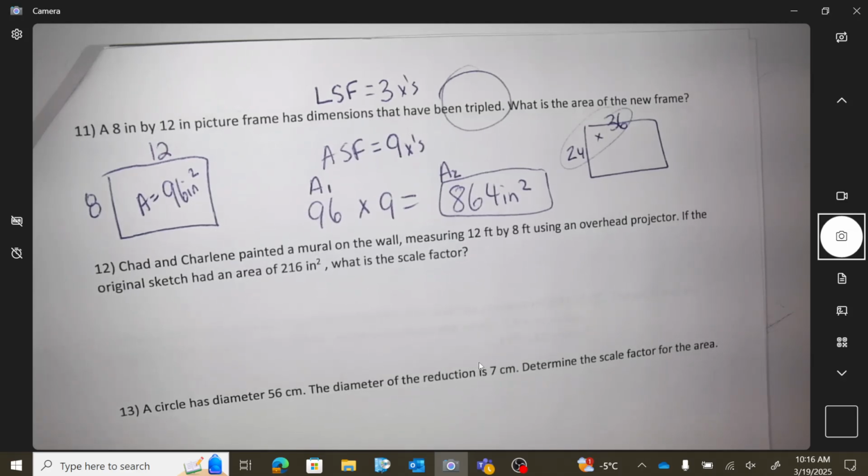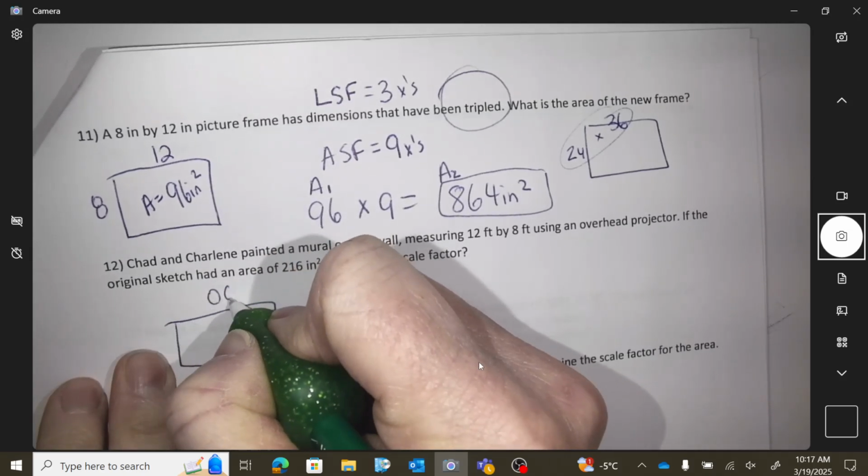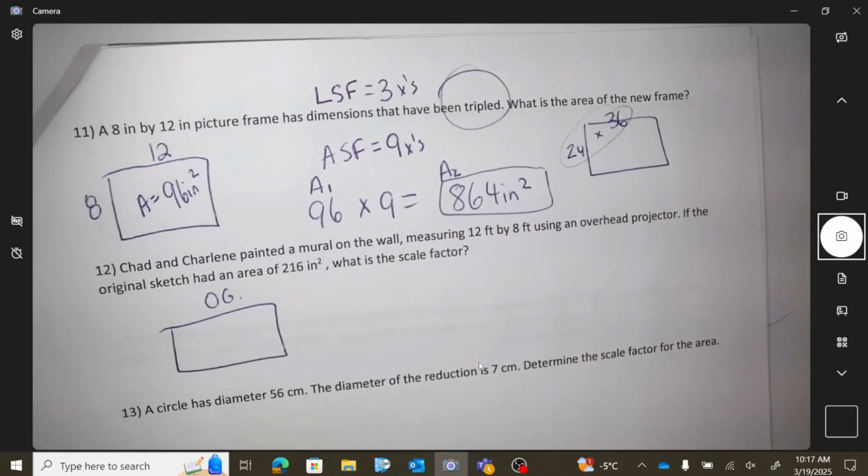Okay, Chad and Charlene painted a mural on the wall measuring 12 feet by 8 feet using a projector. The original had an area of that, so what's the scale factor? Okay, I'm gonna go OG, original.